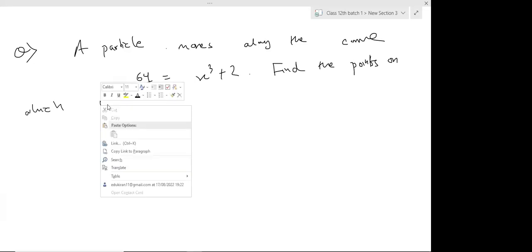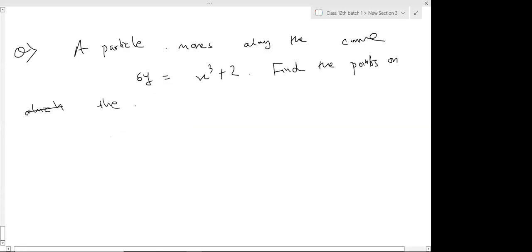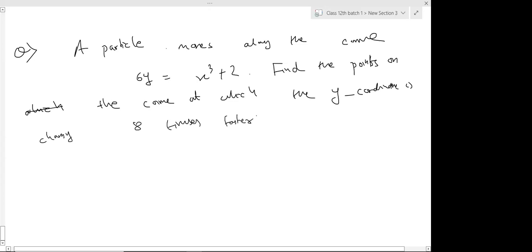Find the points on the curve at which the y coordinate is changing 8 times faster than the x coordinate.